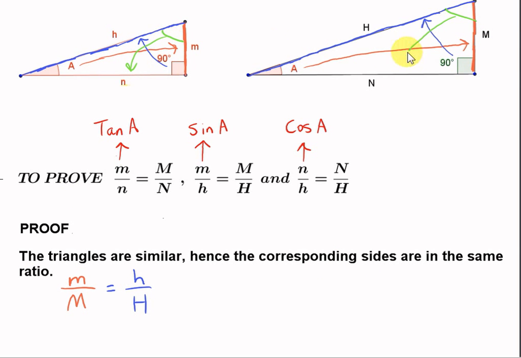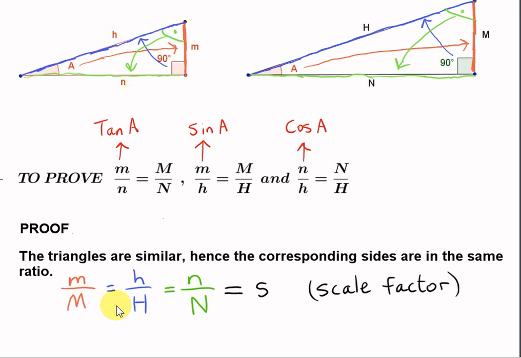The sides opposite the angle up here. So we're talking about little n over big N. So we proved this in an earlier video.